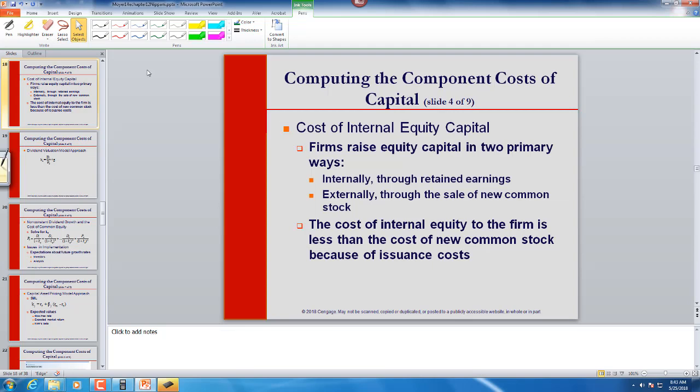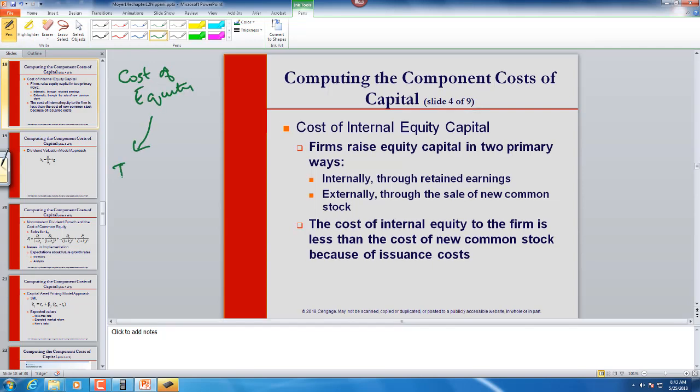So, when it comes to cost of equity, you have two different types: internal equity, or you can call it retained earnings.